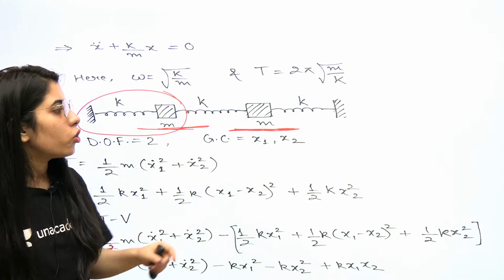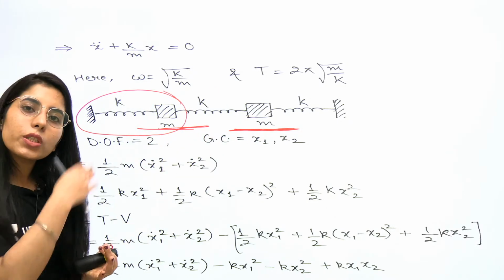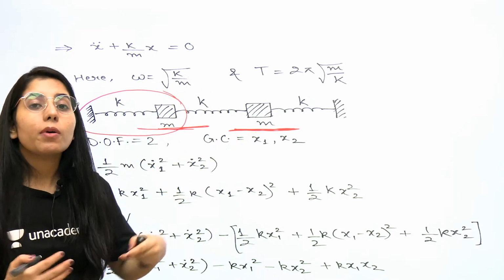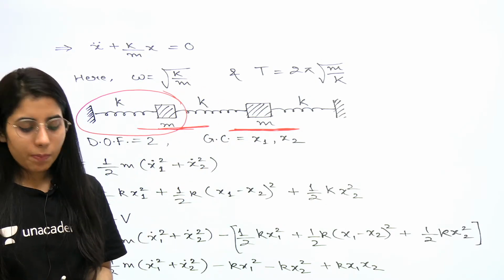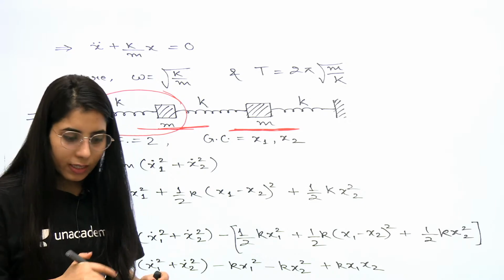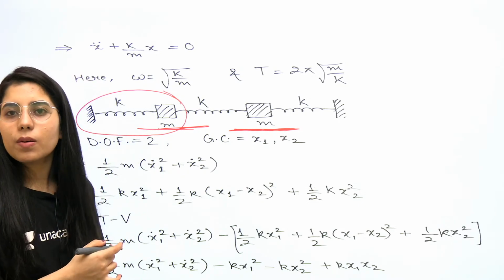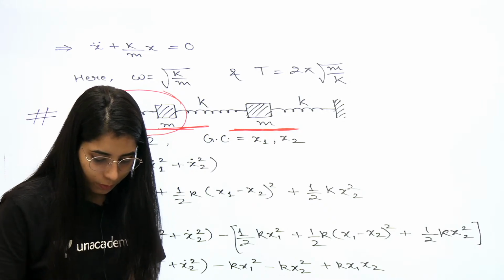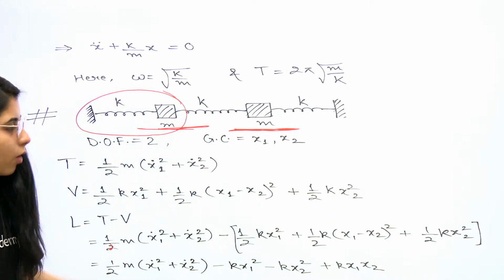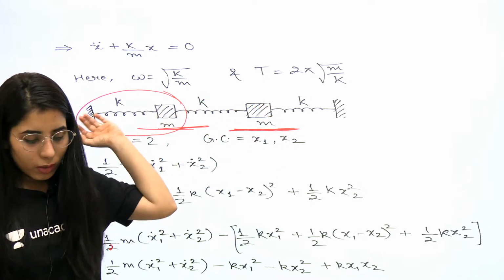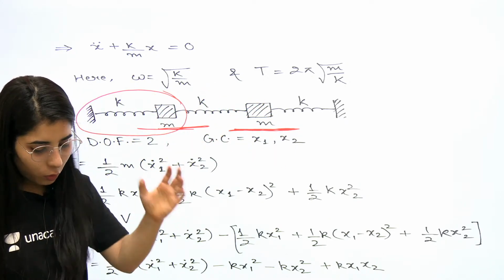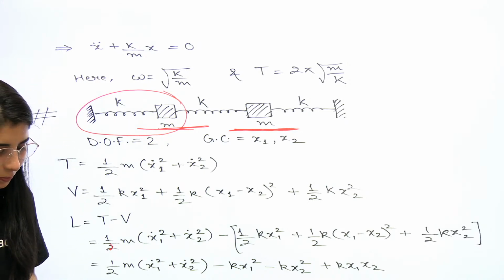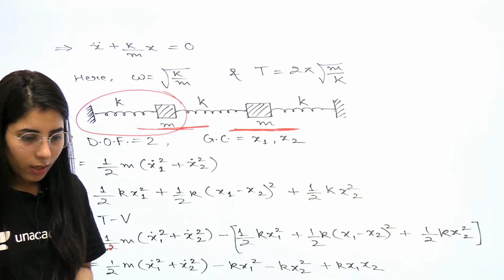And 1 for this. So what will be the degrees of freedom for the total system? 1 for the first block, 1 for the second block. That will be 2, because you are considering the complete system. Okay, is that clear now? 1 for this, 1 for this. For the total system, it's 2. Only they can move like this. Done? That's good.